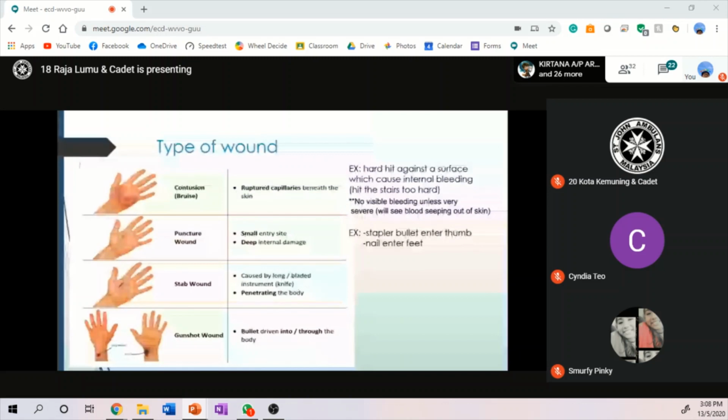So the next one is stab wound. Stab wounds are caused by a long blade or knife penetrating the body. For example, a knife stabbing the hand, penetrating the hand.